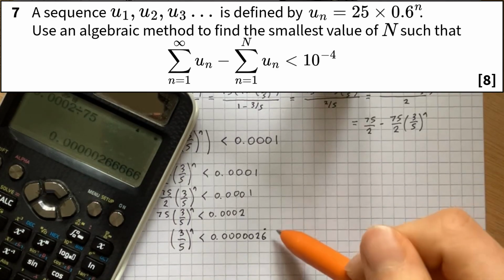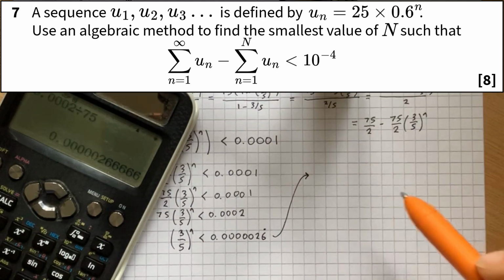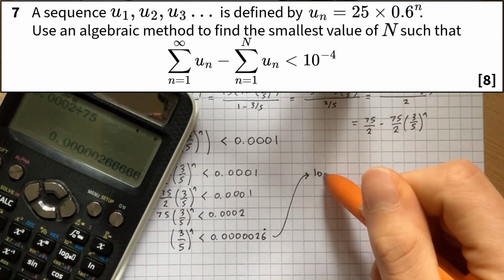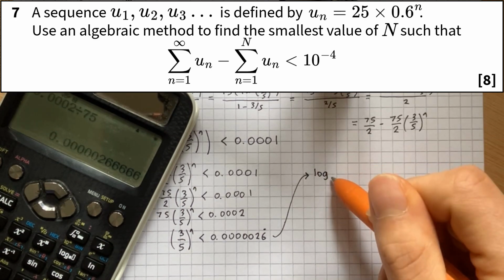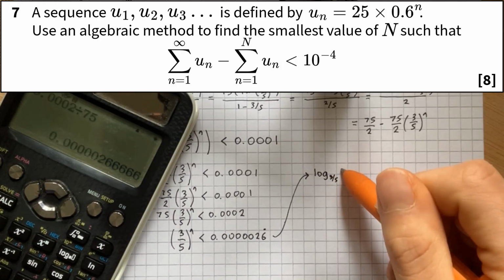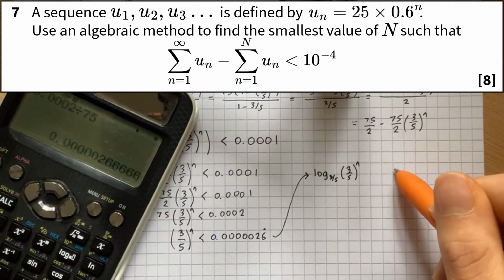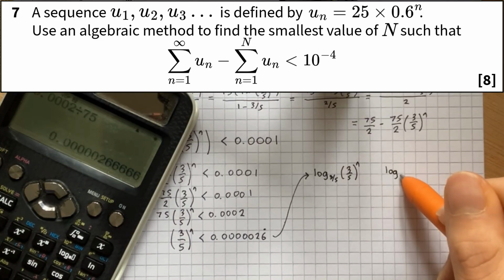Now, when you see something like this, it is no longer about sequences and series. We need logs here. There are lots of bases you could take for the log. I'm going to take 3 over 5. Just remember to do the same log on both sides.